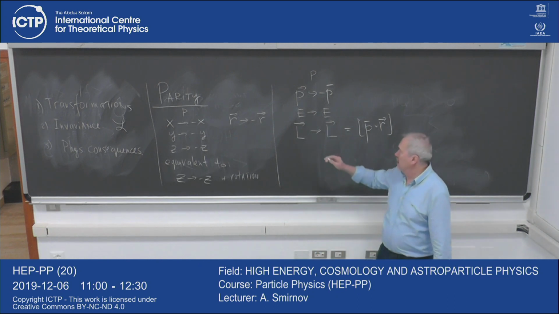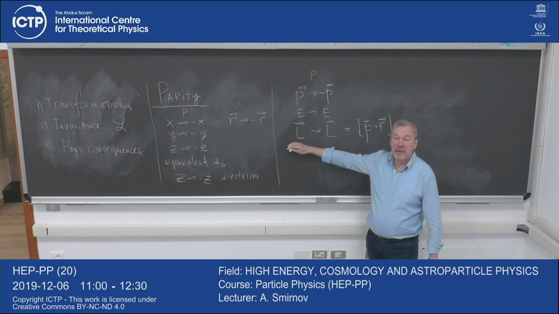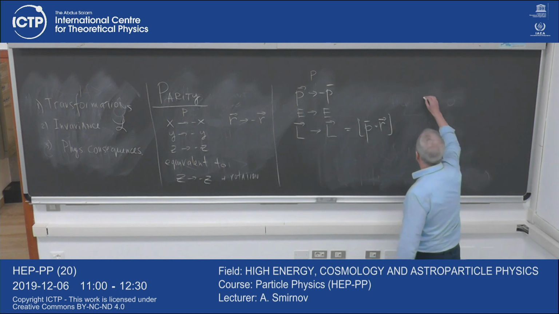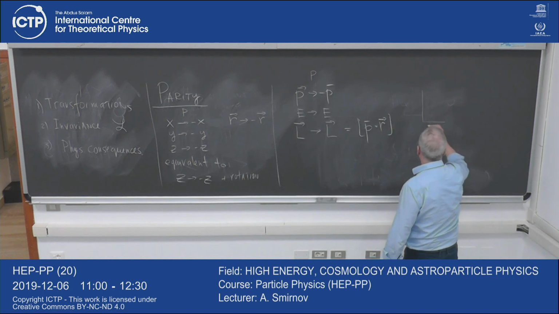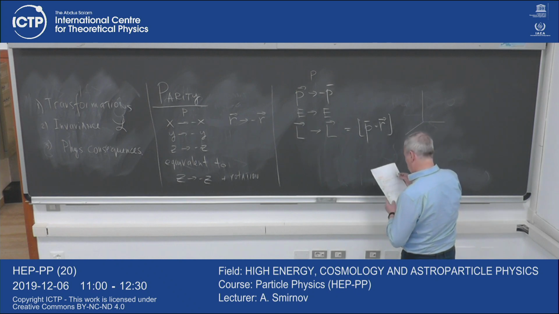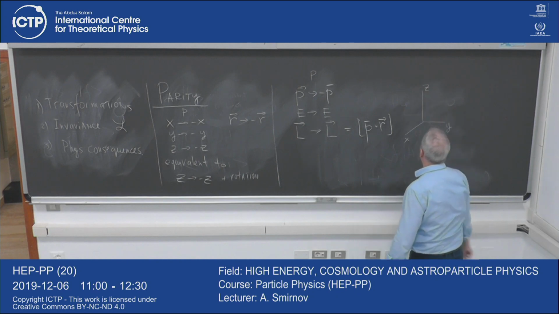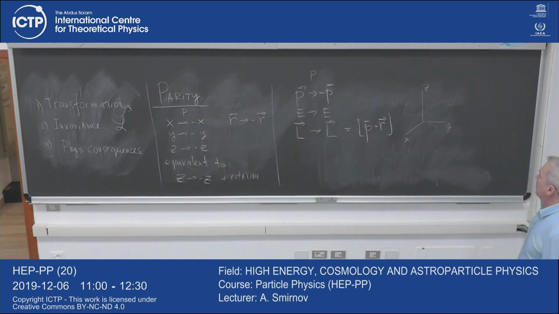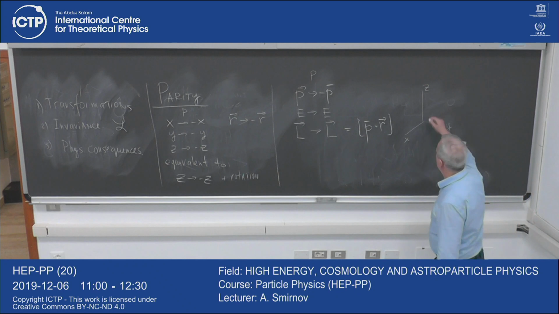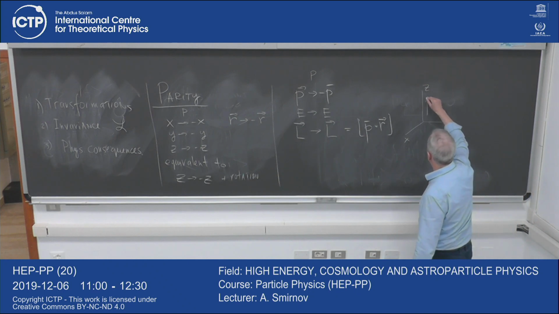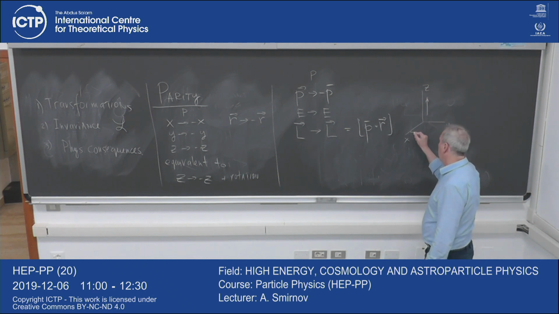The point is that the definition of angular momentum is our convention. So we introduce this vector as a convention according to a certain rule. Let me remind you that if you have coordinates x, y, and z, we say that the vector L is in the direction of z if the motion occurs from x to y.